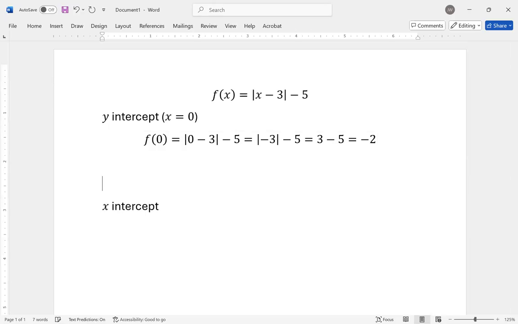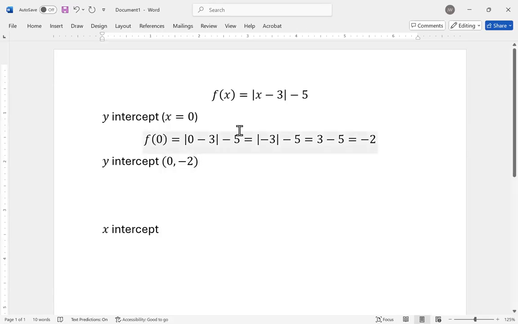So the y-intercept is going to be the point 0, comma, negative 2. That's a point that passes through the function because I know it does, because it satisfies the equation.